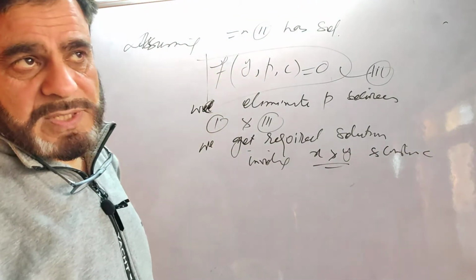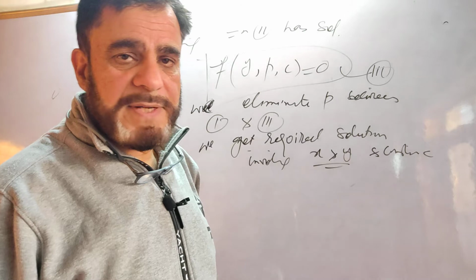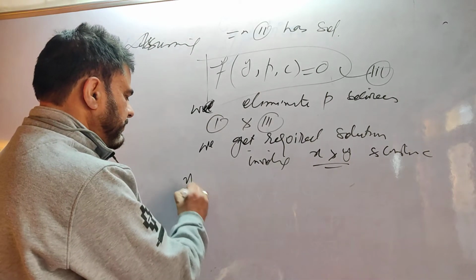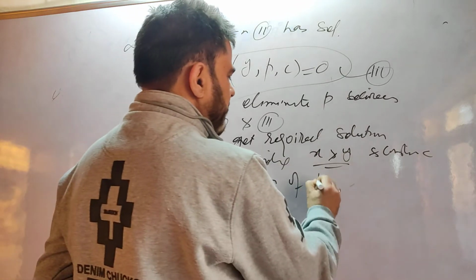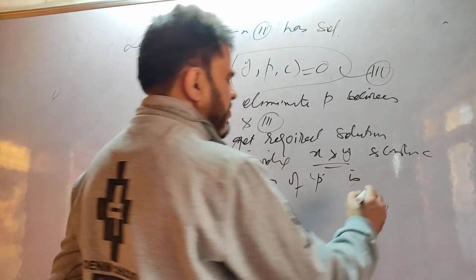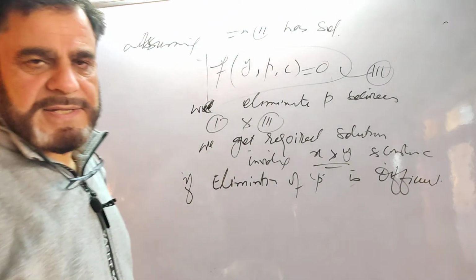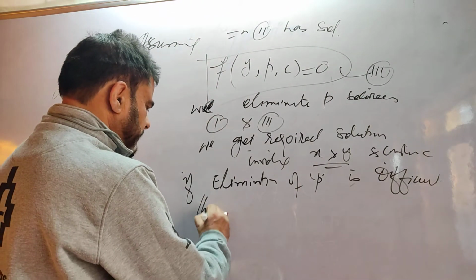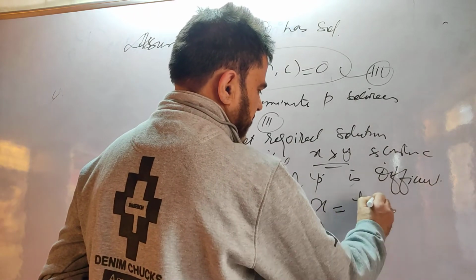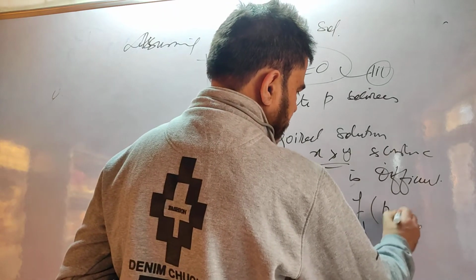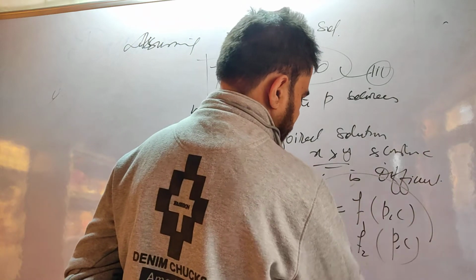But in this case also, sometimes it becomes difficult to solve the equation. It is difficult to eliminate p. If elimination of p is difficult or time consuming, then we express x as some function of p and c, and y also as some function involving p and c.